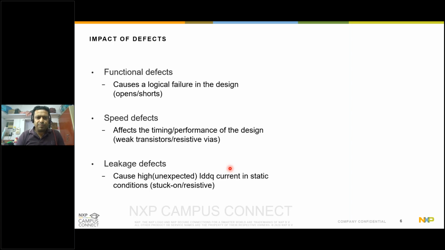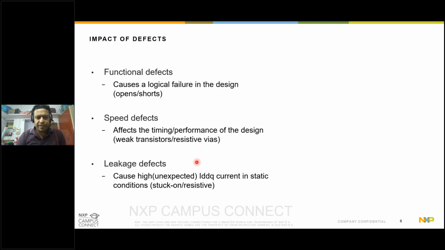These defects will not prevent a particular node from getting to a value 0 or 1, but what they can do is slow down the transition on a particular node from 0 to 1. The impact of this slow transition is that you will not be able to operate your design at the desired frequency. And these kinds of defects are mainly caused due to weak transistors or resistive vias.